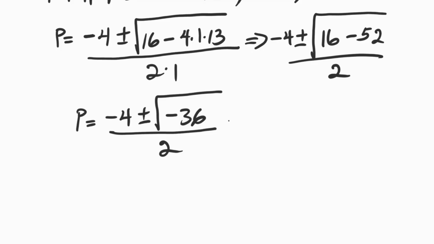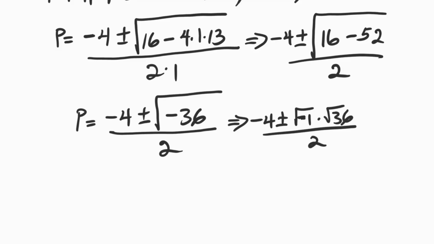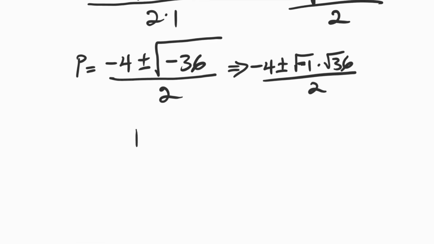Okay, so this becomes minus 4 plus or minus root of minus 1, root of 36, divided by 2. So p is equal to minus 4 plus or minus the square root of minus 1, which is i, the imaginary number.